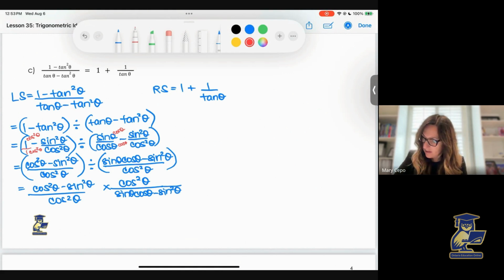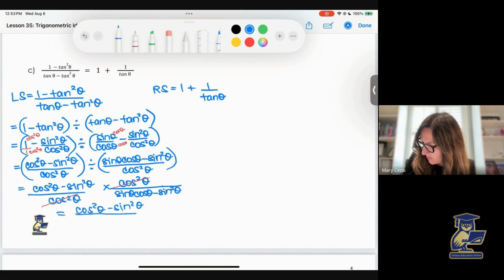Okay, so we see that these will cross out, which is great. And that's a difference of squares. So we then will be left with cosine squared theta minus sine squared theta all over sine theta cos theta minus sine squared theta.